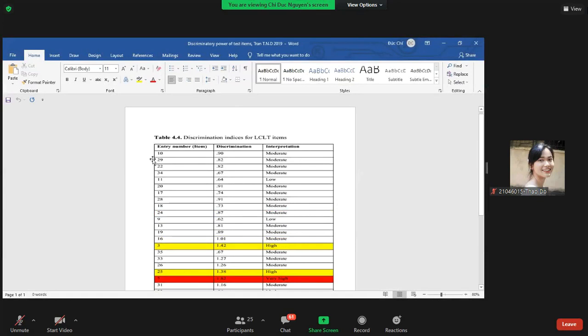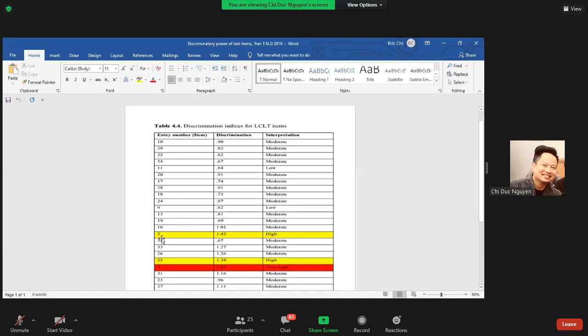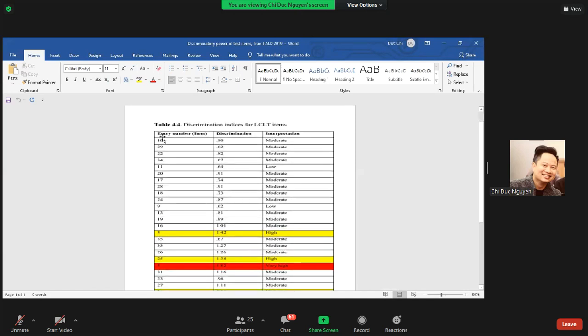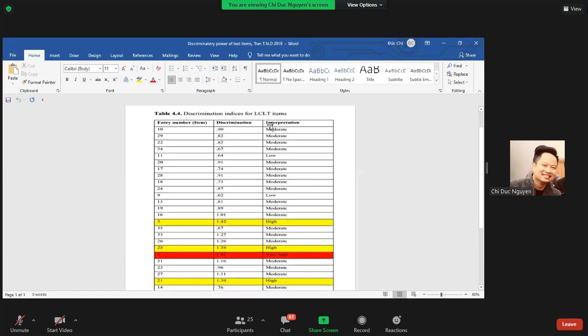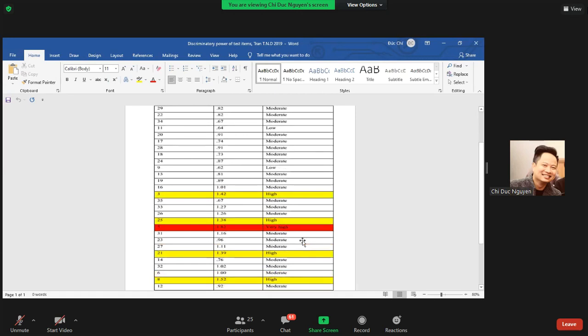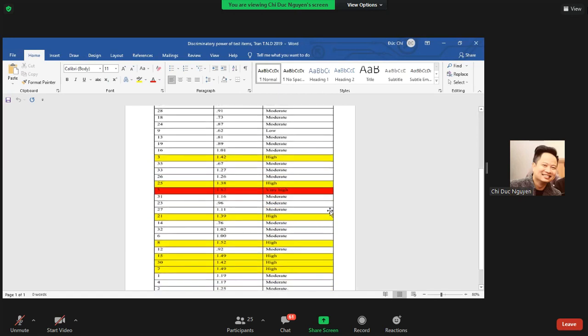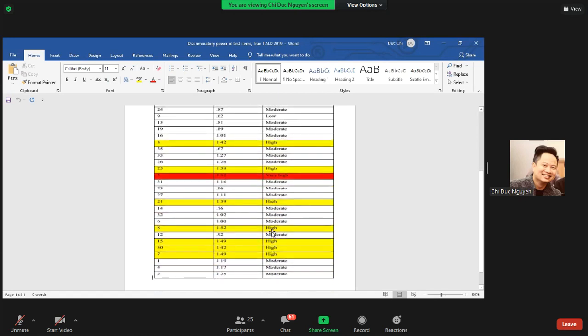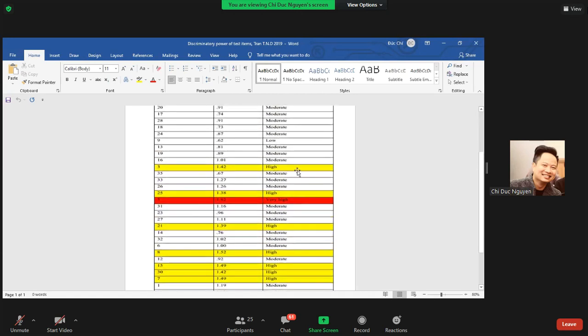Okay. So here are the items that we have, from item number 1 to item number 35. And they are also arranged according to the difficulty level. But now our focus is on the discrimination indices. If we look at the results over here, what can you see? This kind of test item, moderate, moderate, high, high, moderate, moderate, very high, moderate.